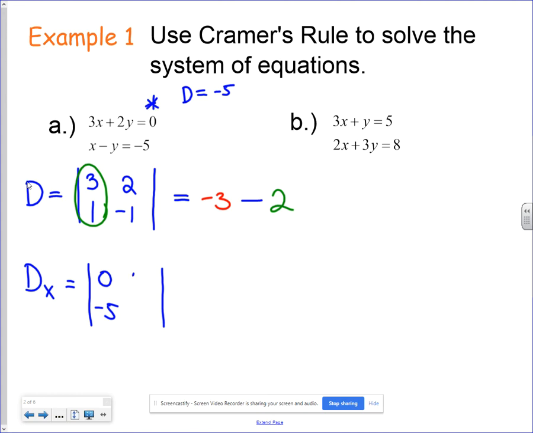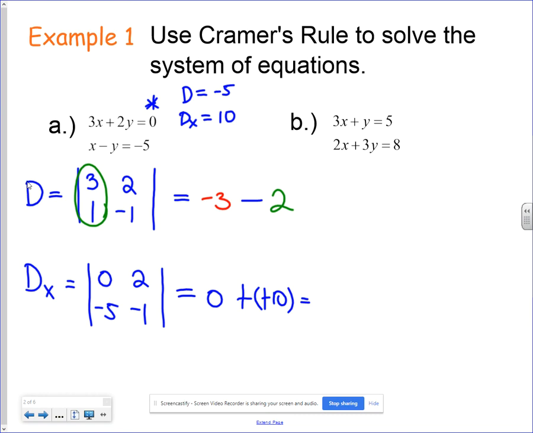The y coefficients stay the same. So D of x would equal 0 times -1 is 0, minus -5 times 2, which is -10. So D of x is 0 minus -10, that becomes 0 plus 10, which is 10.